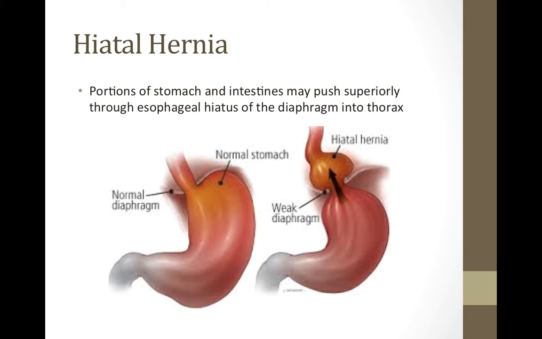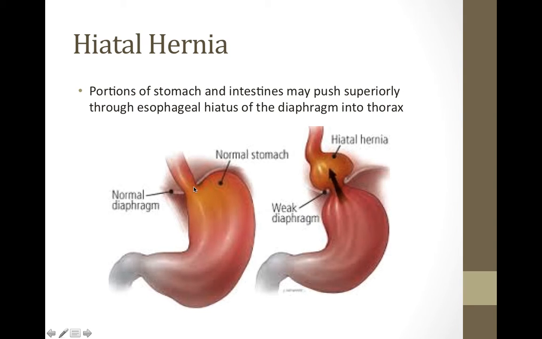Let's talk about something called a hiatal hernia. A hiatal hernia is a fairly common abnormality that occurs, and so if you look here, you have your esophagus that comes down and enters into your stomach. Before it enters into the stomach, it passes through that esophageal hiatus in the diaphragm.